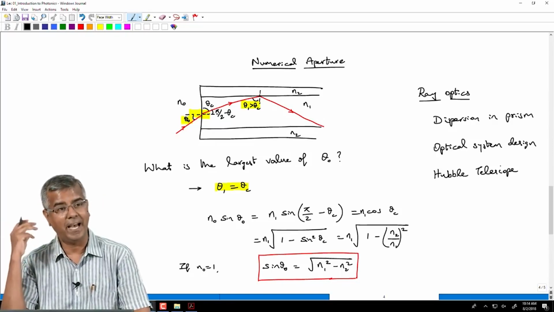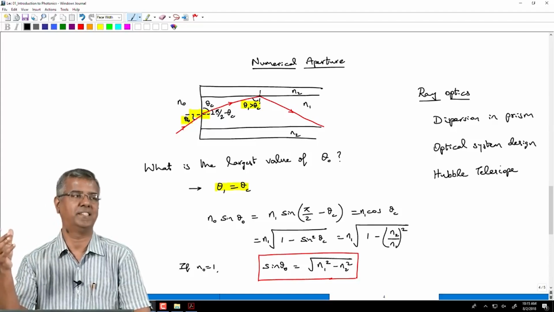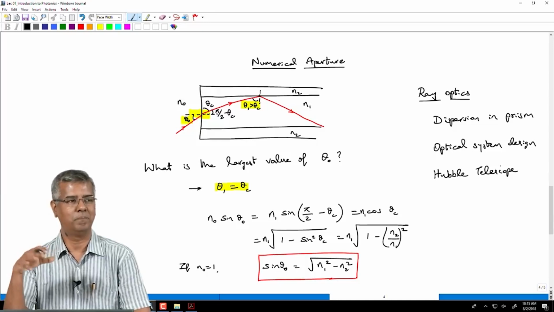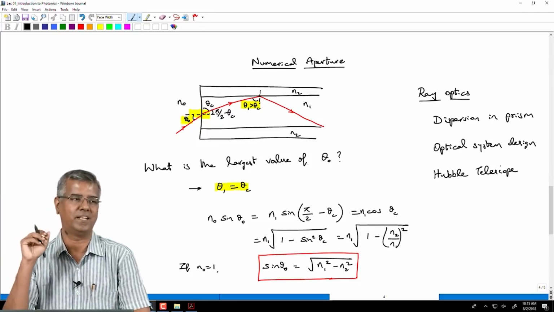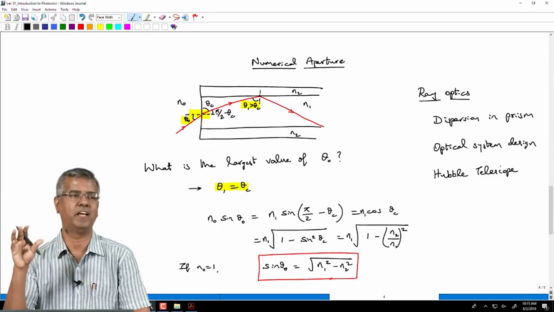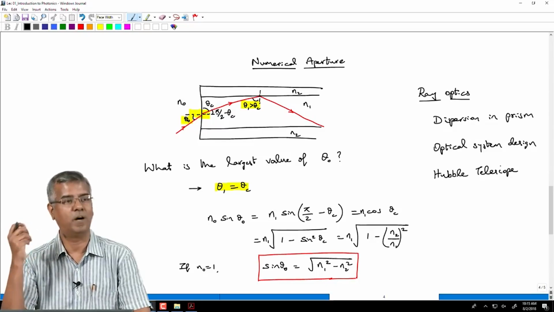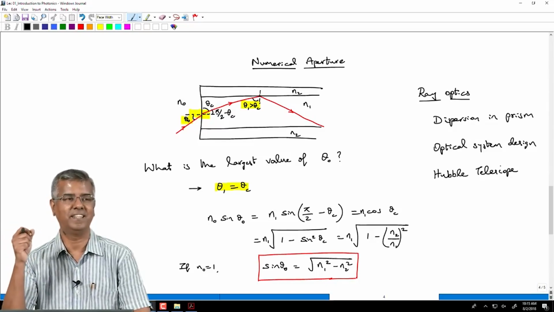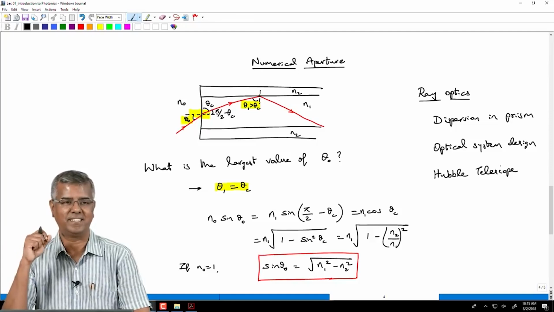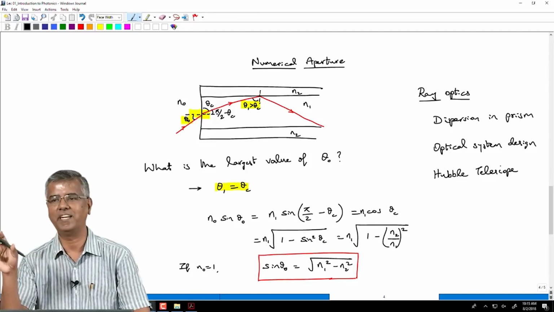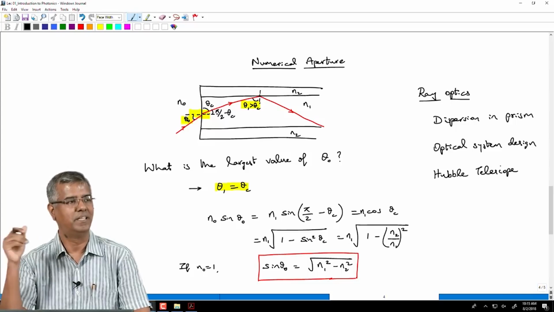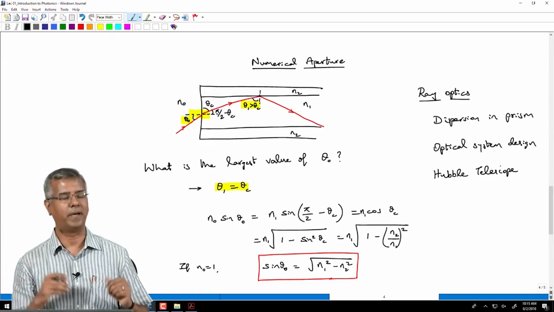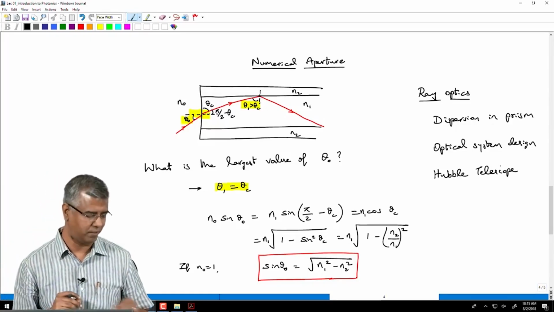So, something as sophisticated as that, the basic design of the telescope can be achieved by just ray optics principles. That is the power of considering light as something that just travels in straight lines, and you are able to deal with how it propagates through multiple interfaces.